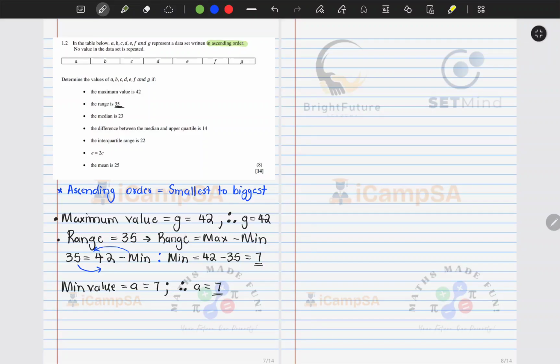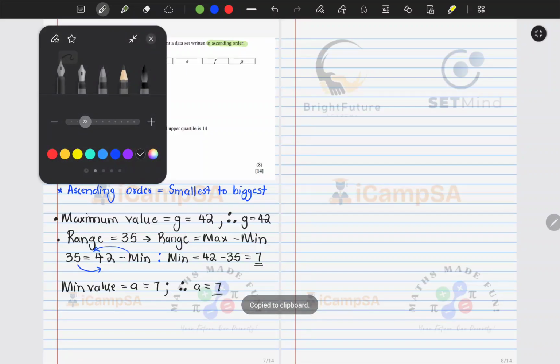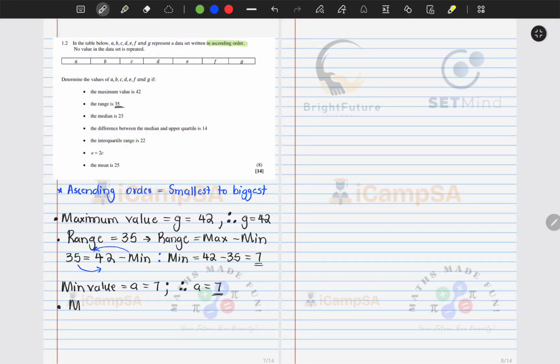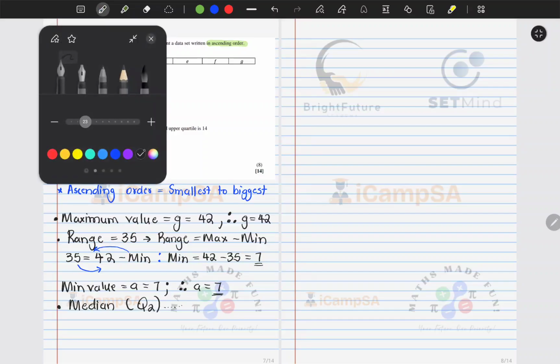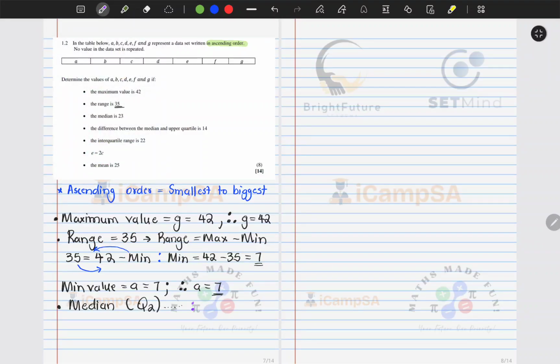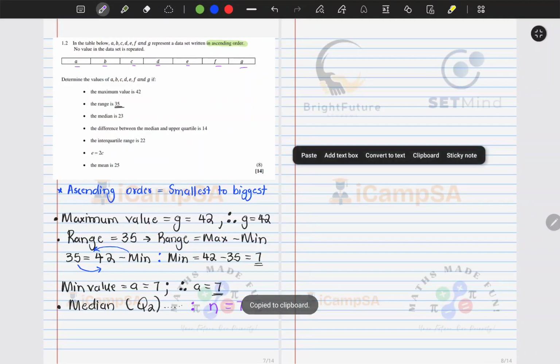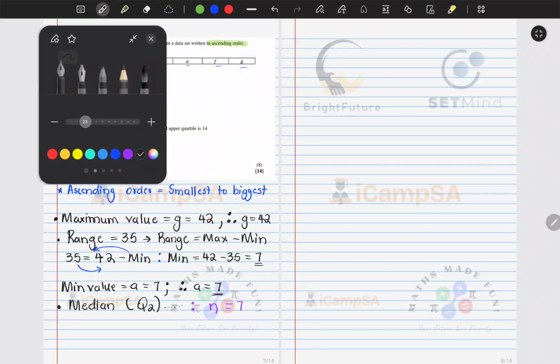And then we are told that the median is 23. Okay, so let's go and deal with the median. So median, remember, is Q2. If you look carefully, the first thing that I want to quickly note is N. So we have 1, 2, 3, 4, 5, 6, 7. So our N, the number of data points, is 7. So let's quickly copy this and see where we find our median.